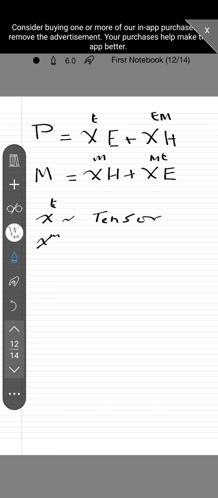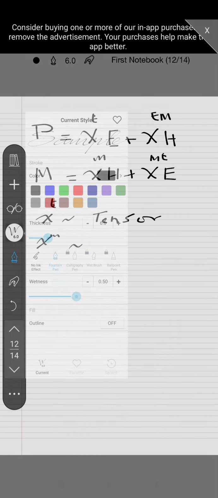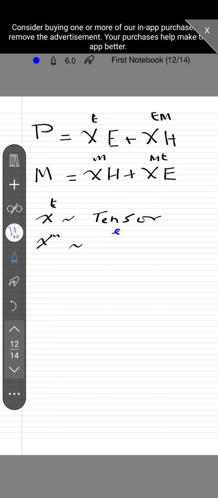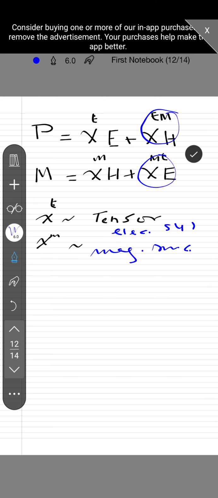This is your electrical susceptibility, and this is your magnetic susceptibility. Whereas these two quantities are called mixed magnetoelectric susceptibility tensors.